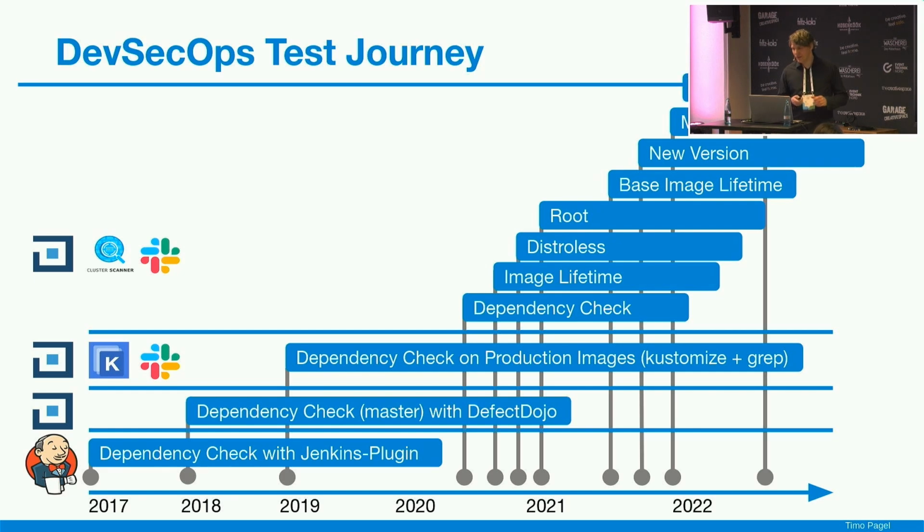Yeah, and then, after I used Dependency-Check for a long time, we had the vulnerability Log4Shell. I knew there is a vulnerability which is only available for log4j in a specific version.